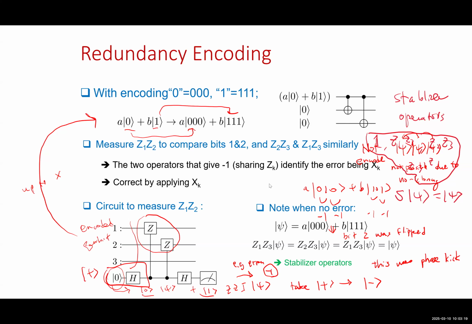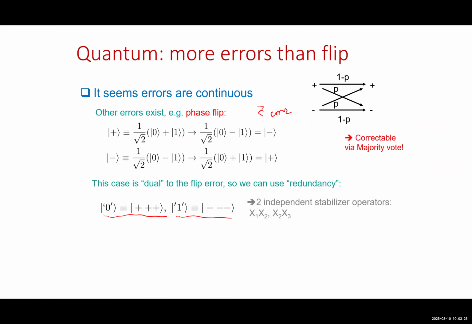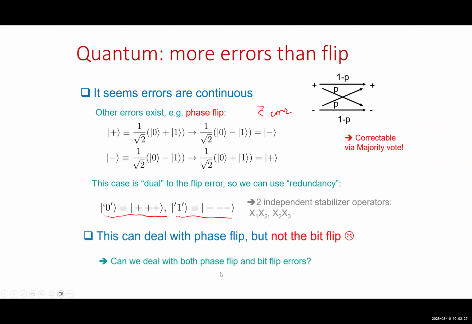However, the current machines are noisy, and there are not many examples. There were a few examples that if you do the encoding, you can actually achieve better than without encoding. But for many current machines, the error rate is still too high. For example, you can take a look.